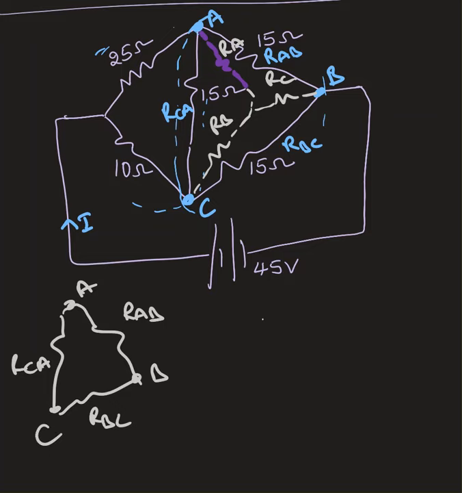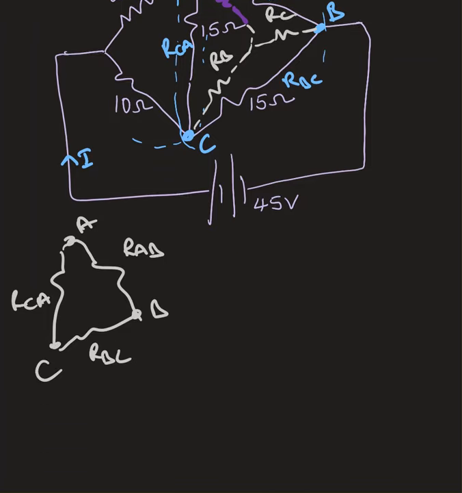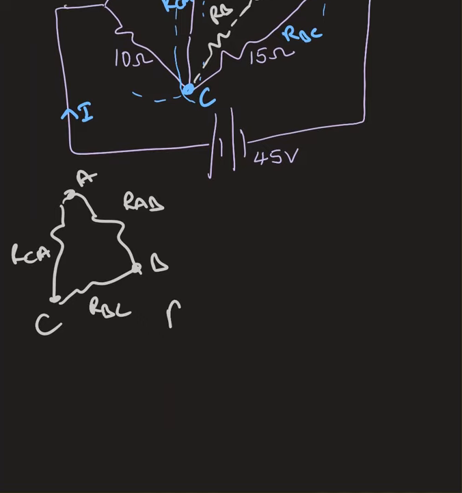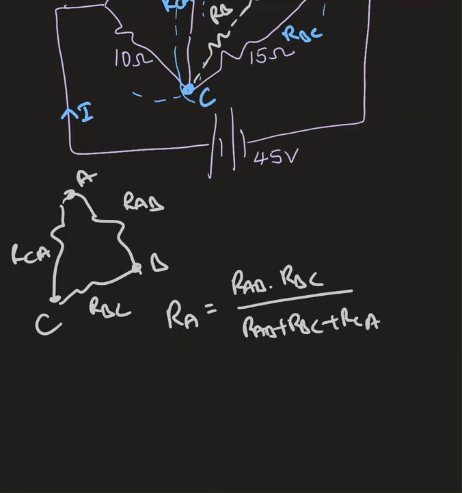Now my goal is finding RA, right? So to find RA, since every resistance is the same, RA equals RAB times RBC over RAB plus RBC plus RCA. If everything is the same, here I have 15 ohms times 15 divided by 15 plus 15 plus 15.